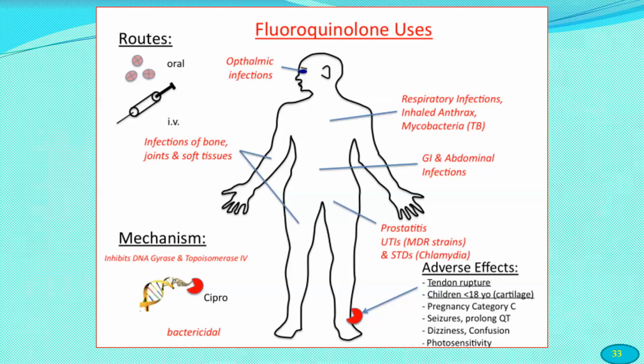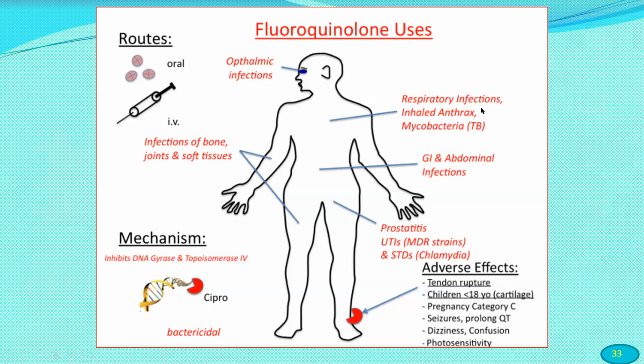Whereas the very generalized summary of the fluoroquinolones is that the route of administration is both oral and IV, and it is especially useful in infections of the bone, joint, and soft tissue. Of course, ophthalmic infections are also treated.